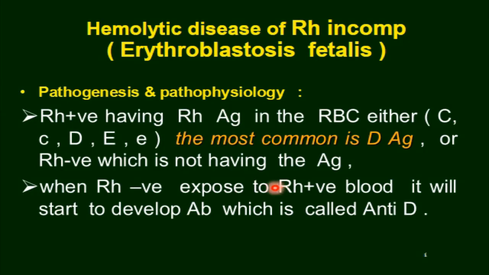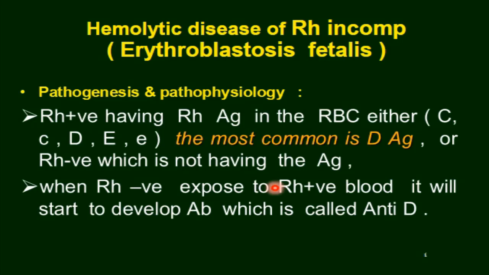Now, the pathogenesis and pathophysiology of hemolytic disease of Rh incompatibility. Each human being regards his blood group as positive or negative. We mean by positive when we say A positive or O positive. By positive we mean there is an antigen present in the RBC.